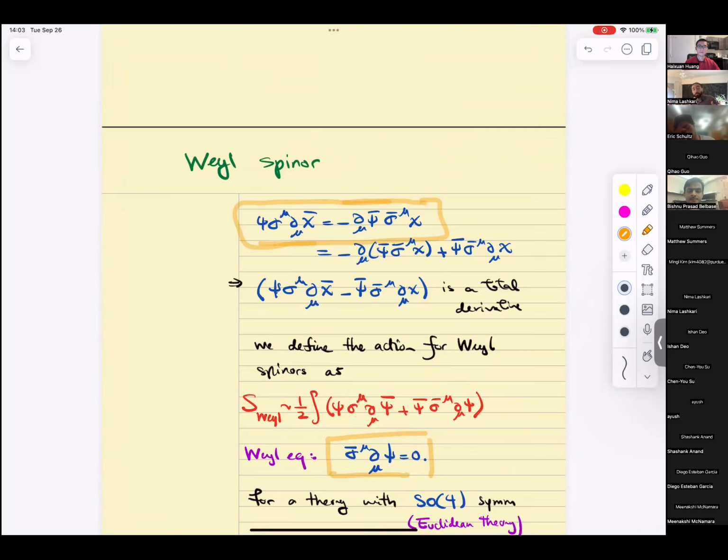Now you could complete the derivative as a total derivative and write it this way. You learn that the following combination is a total derivative, so it doesn't really help you to add such terms to the action. Whereas if you put a plus in the middle, you're going to end up with an action which is called the Weyl spinor action.